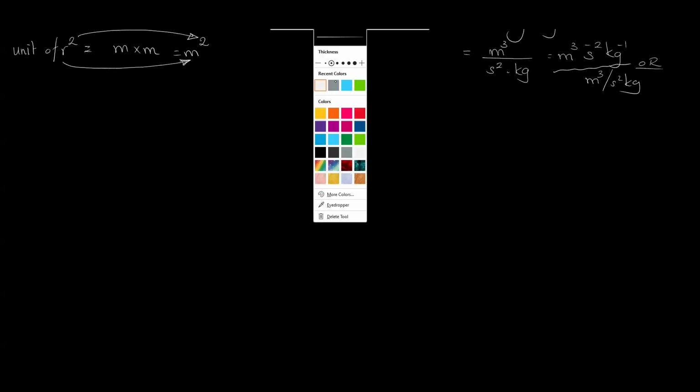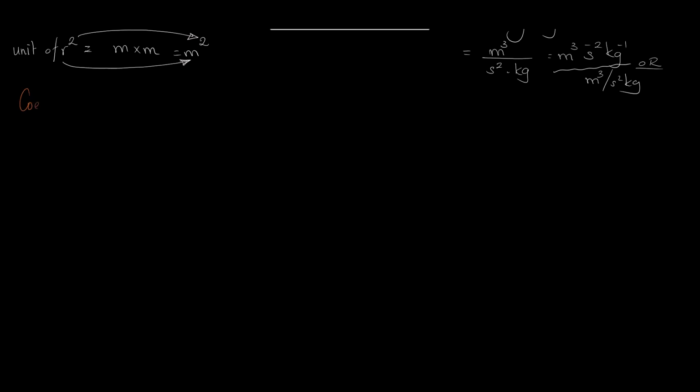So the other example we can have is, say, coefficient of friction. So we have an equation which says force of friction is equal to mu R. So this is force of friction.